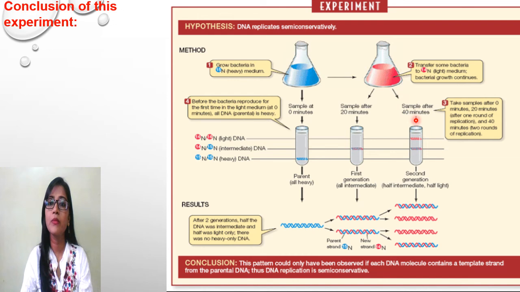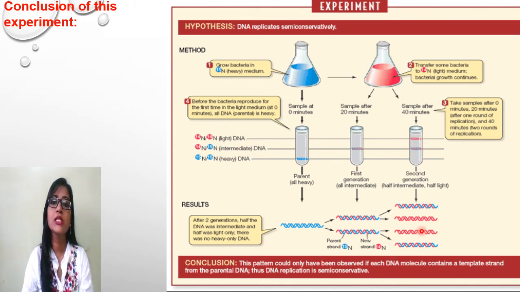In the next generation, that is the second generation, the sample was collected after 40 minutes. Why? Because 20 minutes after one round of replication is the first generation; after 40 minutes is the second generation. What they observed was two different kinds of bands in the centrifuge tube, one with the intermediate DNA and another with the lighter DNA.